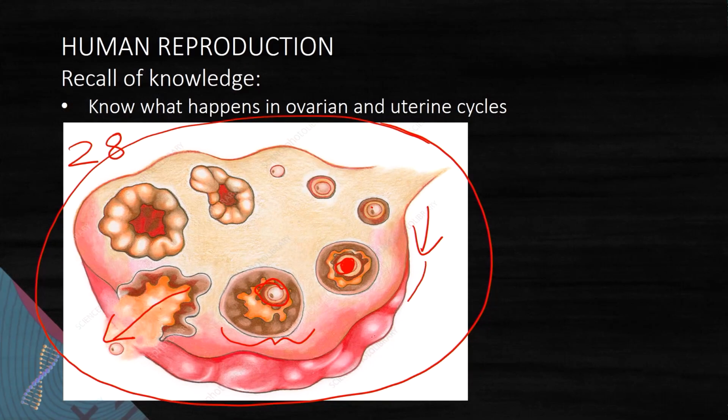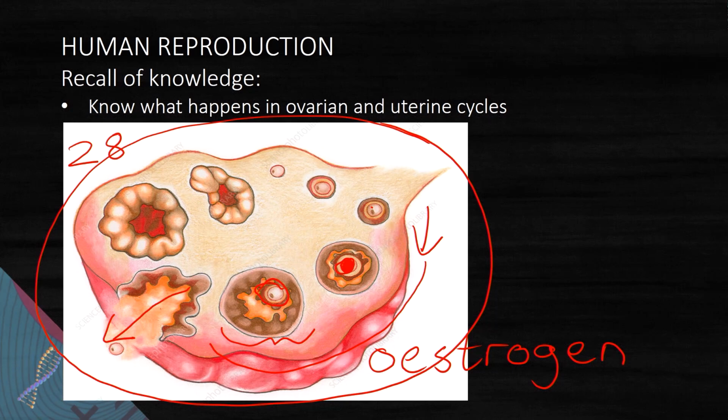Once ovulation has occurred, the ovum starts on its journey, maybe to be fertilized. But the ovary still controls what happens to it, and the way the ovary controls this is by producing hormones. In the first half of the cycle, the hormone produced is estrogen, which prepares the uterus for the implantation of a fertilized egg.